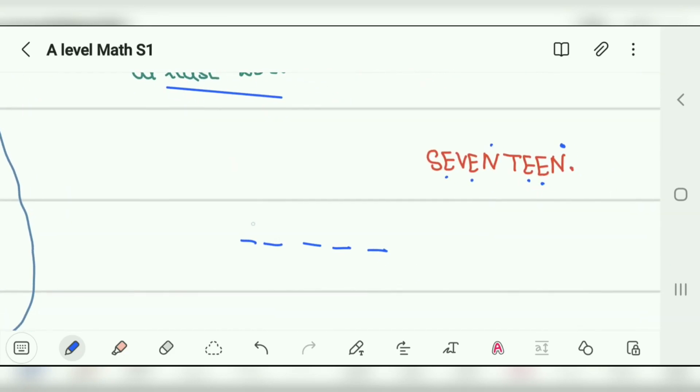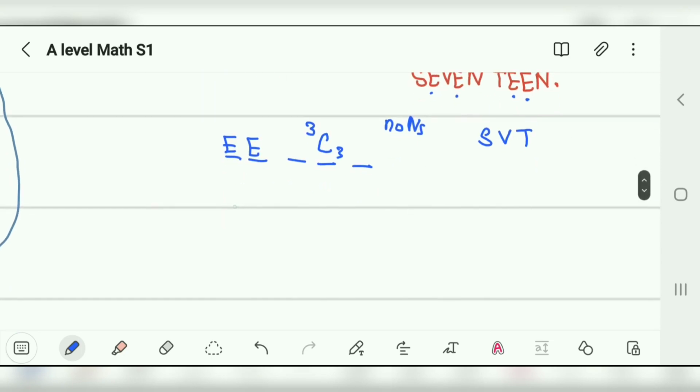So, at least 2 E's and no N's. And those letters which have no repetition, S, V, T. So it's going to be 3C3. Then what will happen? E, and there is 1 N, so it's going to be 3C2.